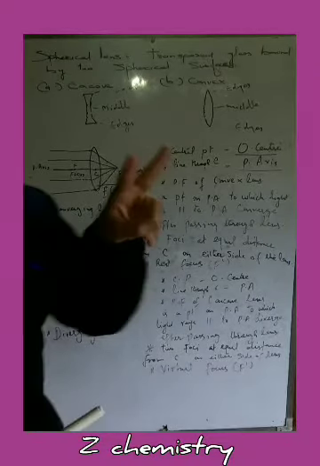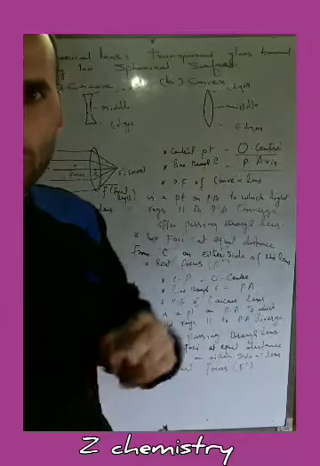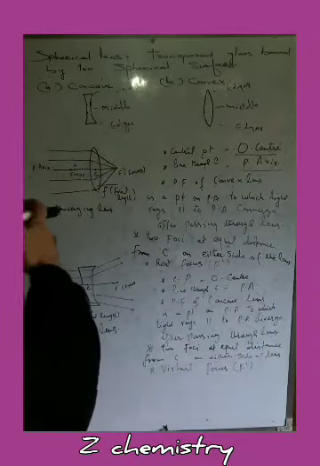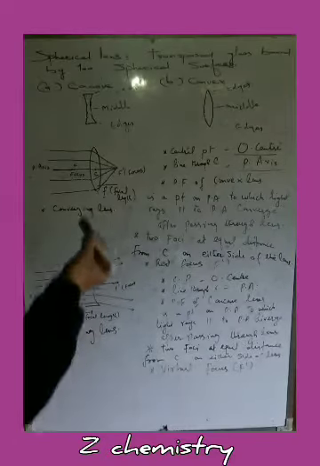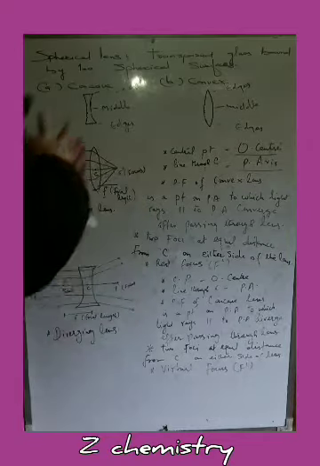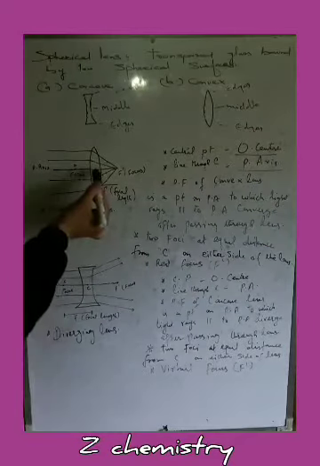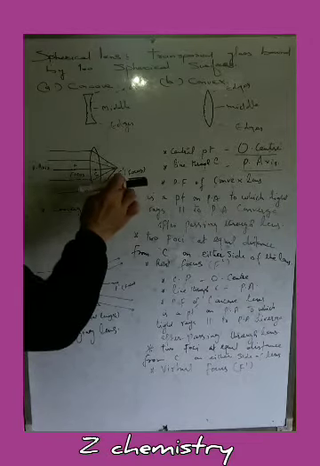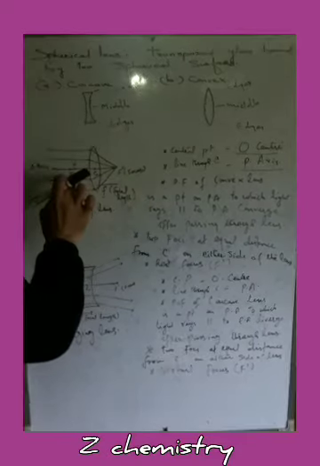There are two foci on this principal axis. These foci are at equal distance from the optical center on either side of the lens. This is the optical center. Here is one focus, here is another focus.